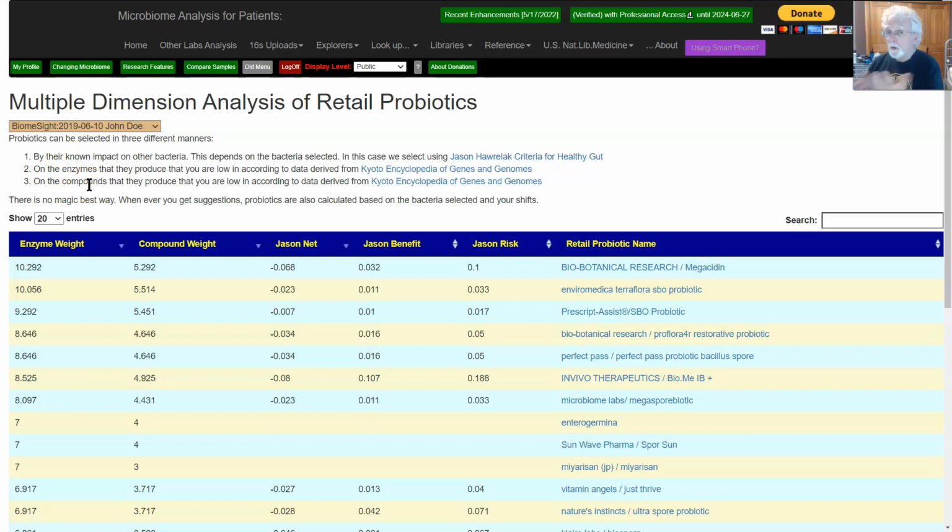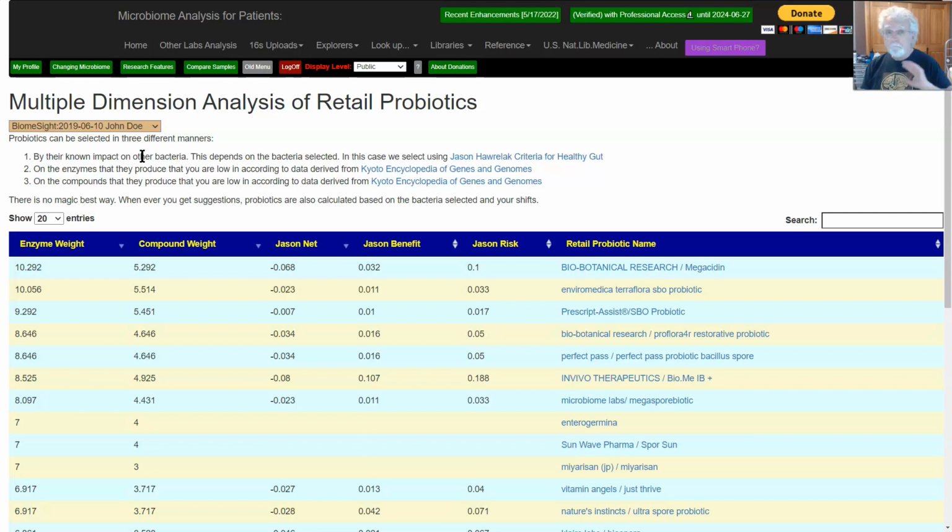And the idea is if you're low in the compounds or the enzyme, getting a bacteria in which will increase the amount will hopefully normalize the whole system. The first way was trying to adjust up or down other bacteria by their impact on it. So we got 3 ways.